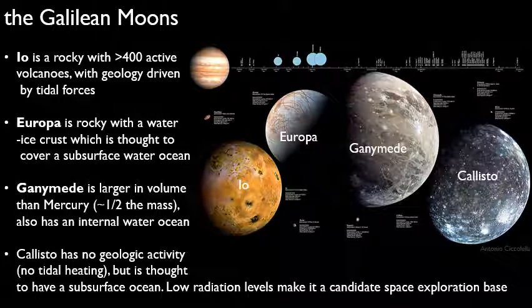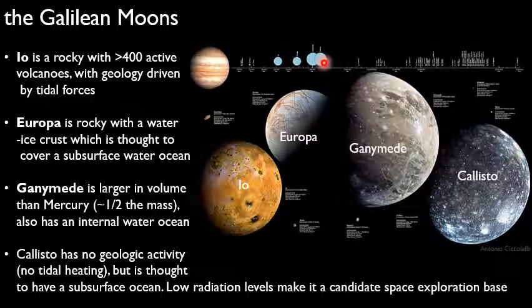And then Callisto is the furthest of the Galilean moons from Jupiter. Because of that distance, the tidal forces are not significant, and so it has no geologic activity.